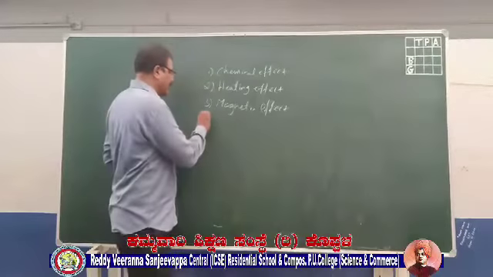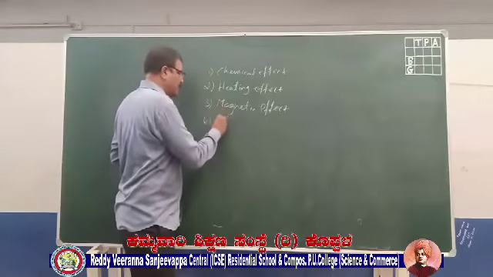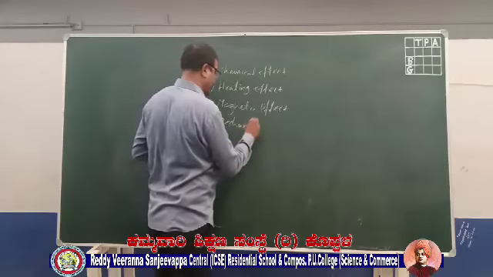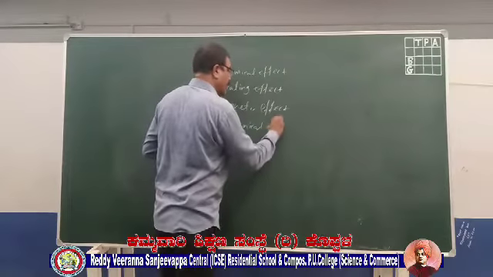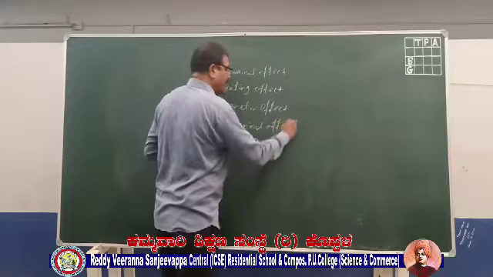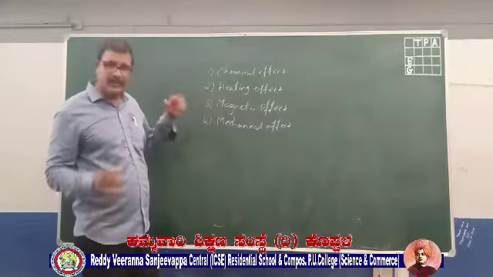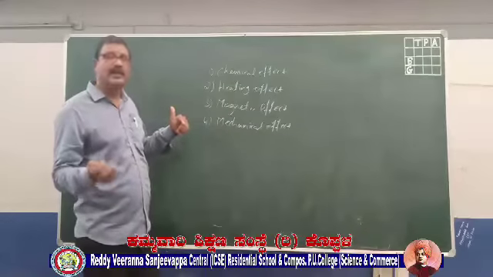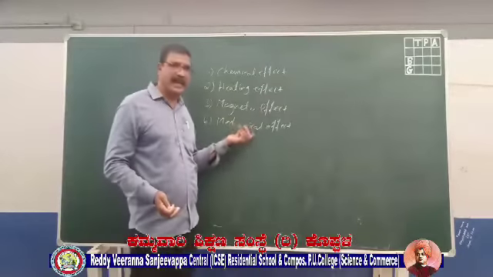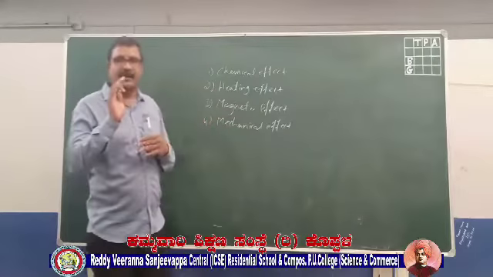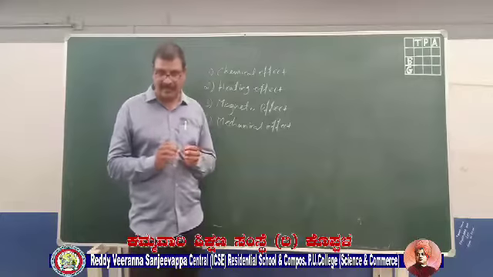Then coming to the next one, actually these two effects, that is magnetic effect and mechanical effect, are not separable, they are one and the same. I'll just explain in one or two lines. In the next chapter we will discuss this mechanical effect and magnetic effect extensively, but for the time being I'll just make a mention of what this mechanical effect is.